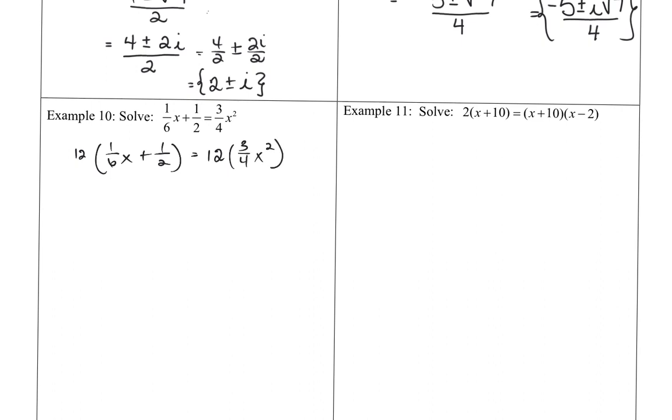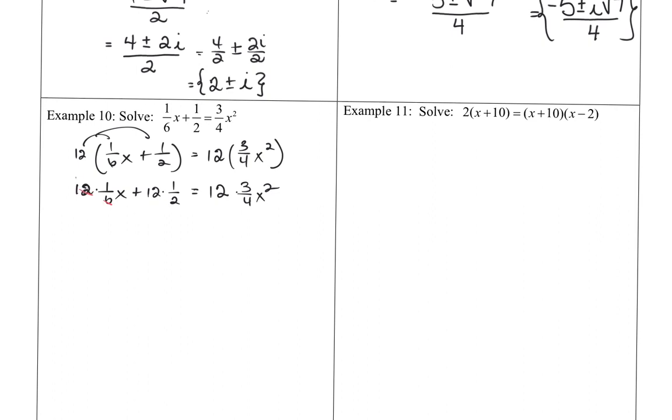All right? And then I'm going to distribute that 12 to both of these. So 12 times, well, let's not do that. It looks like an x, right? 12 times 1/6 x plus 12 times 1/2 equals 12 times 3/4 x squared.